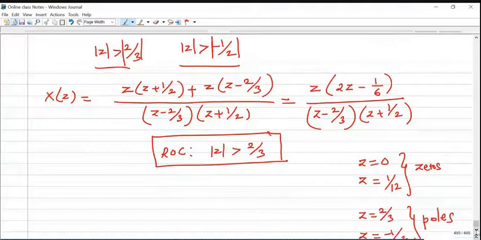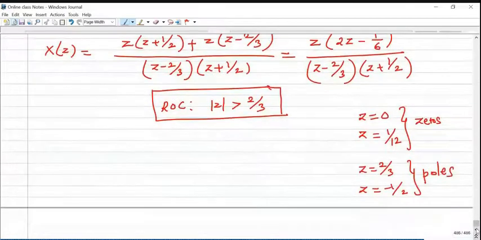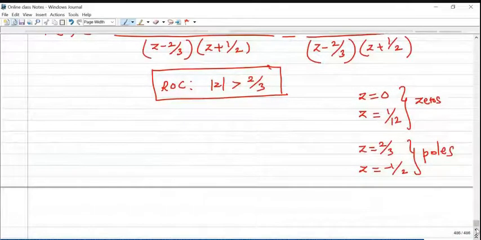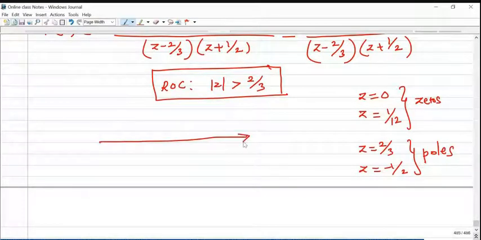Now draw the Z plane, plot your poles and zeros, and mention the region of convergence. X-axis, real part of z.